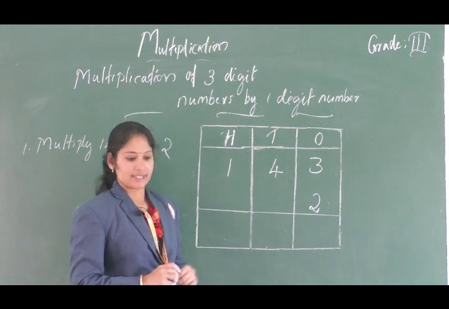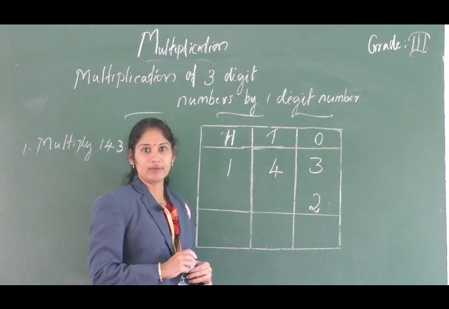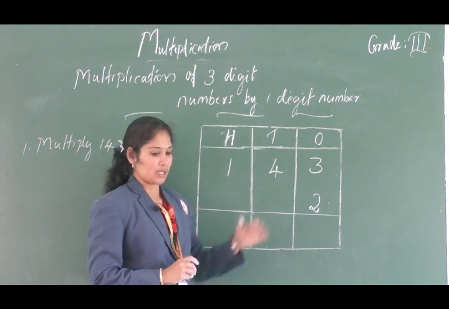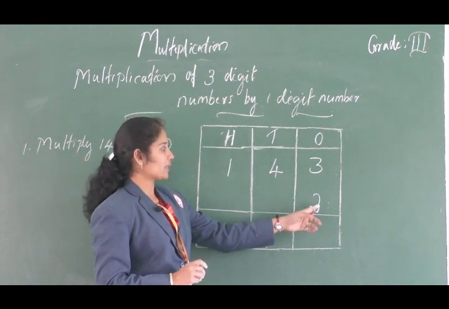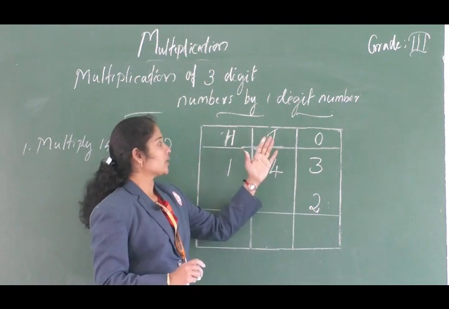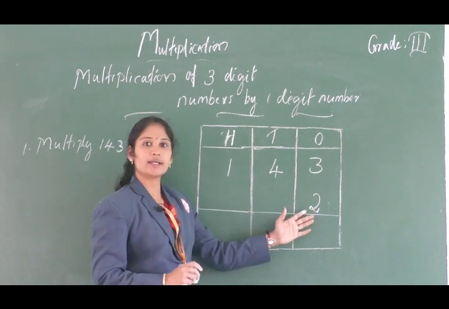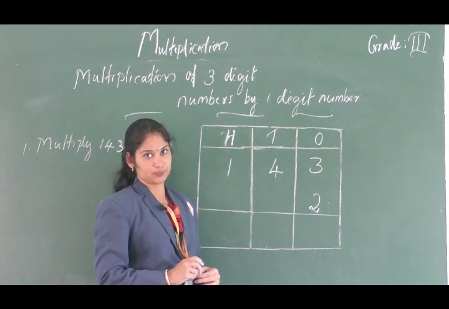For getting the answer, we need to multiply each digit of multiplicand with the multiplier. That means we have to multiply first 3 ones into 2 and 4 tens into 2 and 100 into 2.